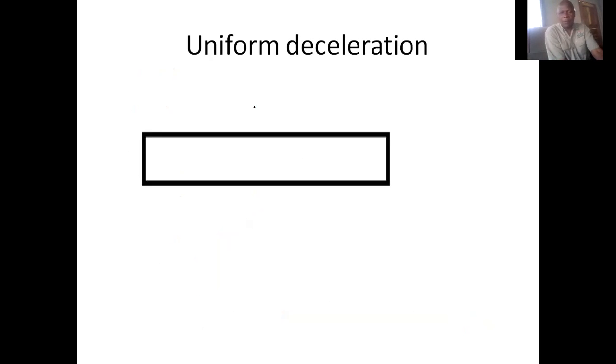Now we look at a tape which is representing a decelerating object. The motion of the tape is again moving in that direction. Here the dots are far apart, and eventually they become close to each other.